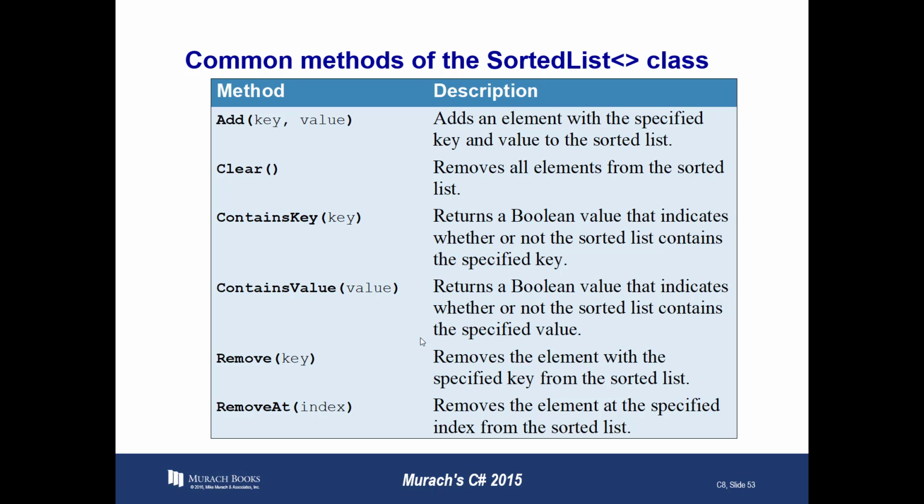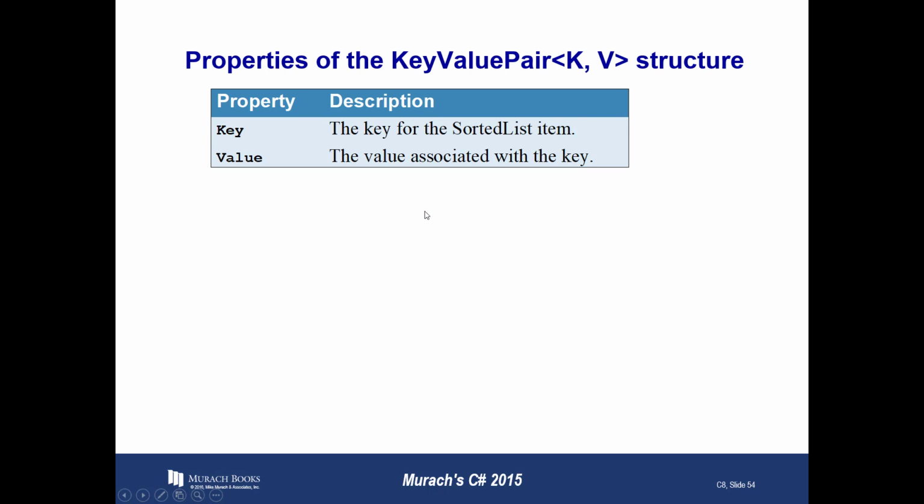The sorted list has been sorted, so it's in some kind of order. And I see no reason why you couldn't run sort on it and then run a reverse method on it to make it in descending order, because by default, sort will put it in ascending order.